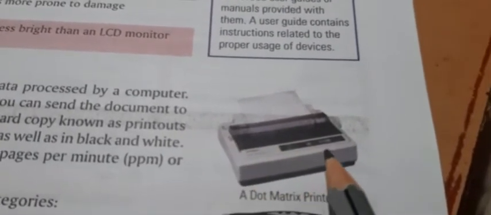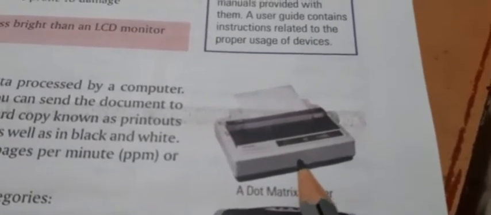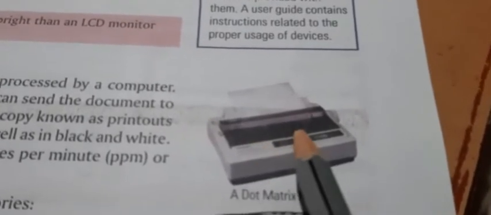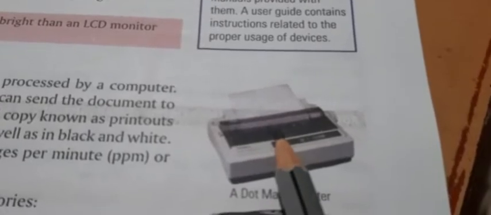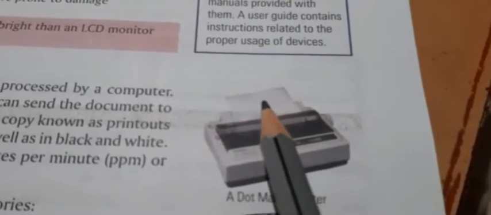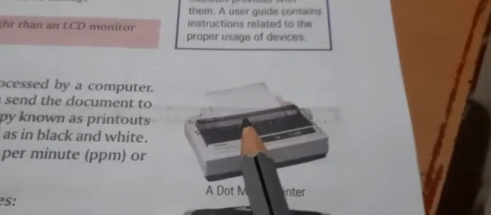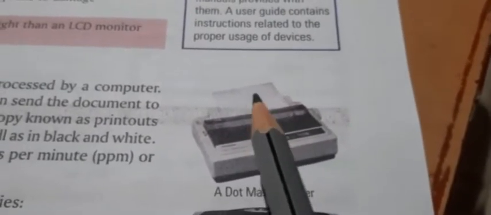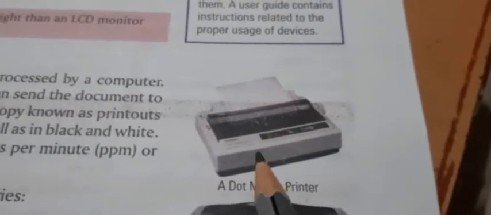You can see here the image of a dot matrix printer. Because of this ribbon and paper contact, it is called an impact printer, because the paper and the printer head come in direct contact.